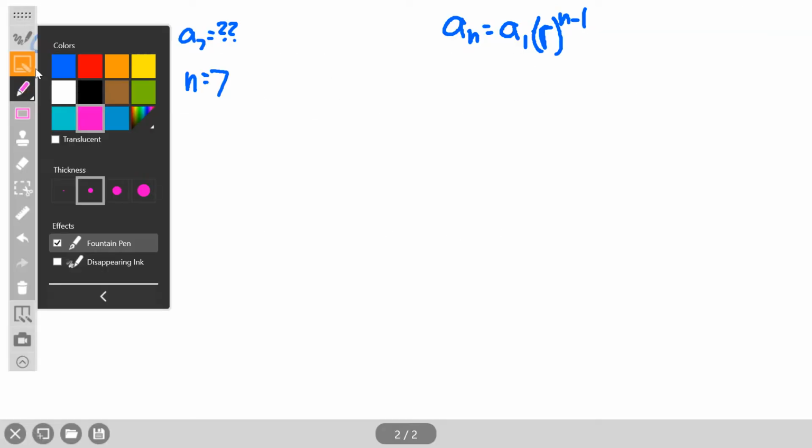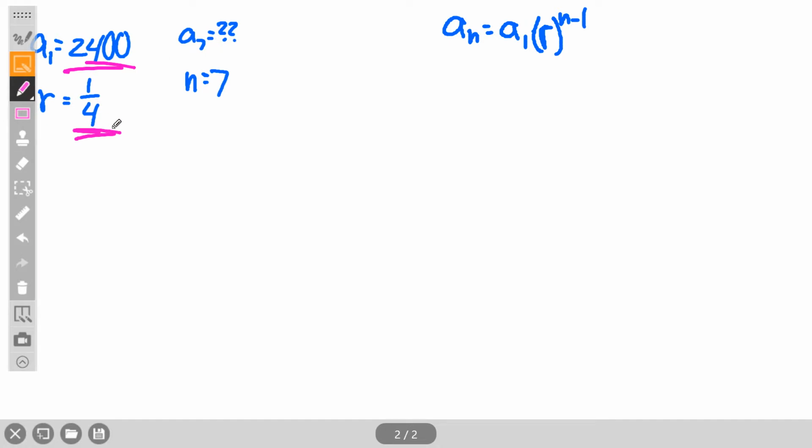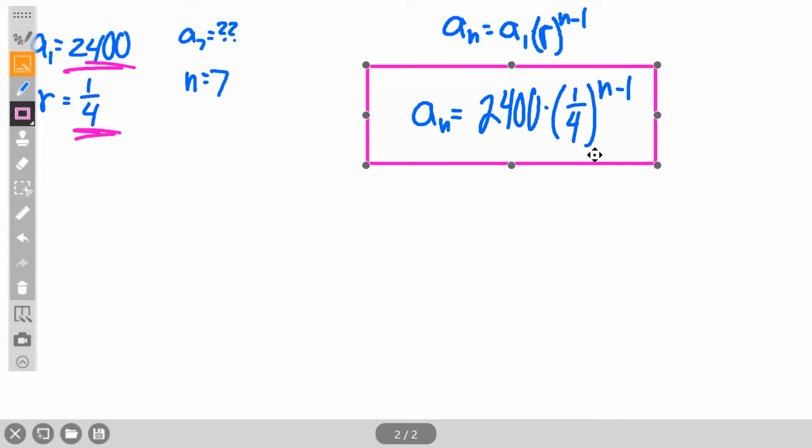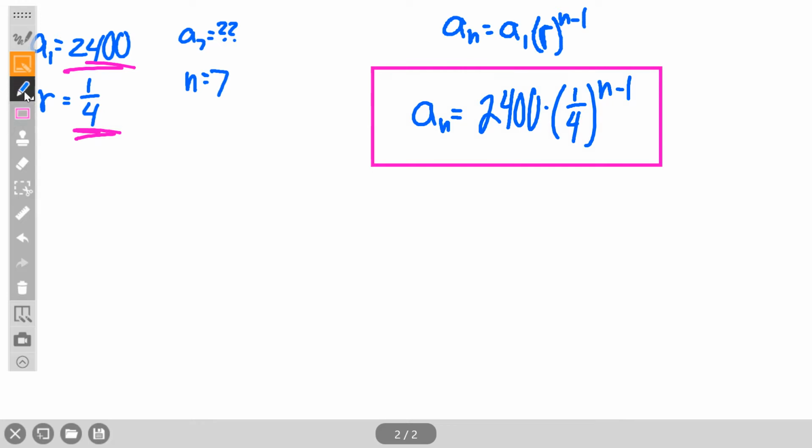You need the first term, and you need the ratio. So I can replace the first term. I have an equals the first term, 2400, times the ratio, 1 over 4, to the n minus 1 power. This is the formula for this specific sequence.